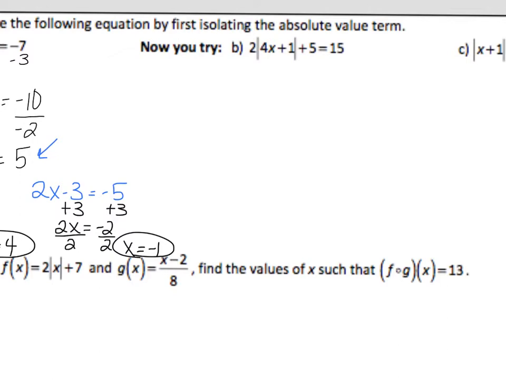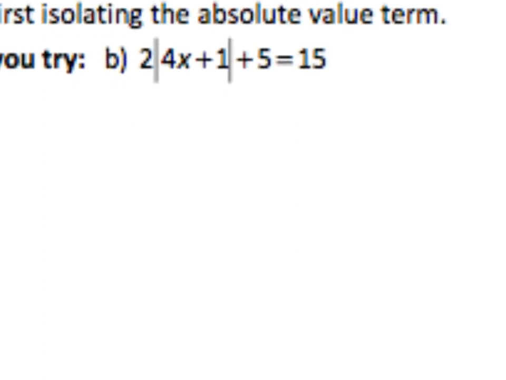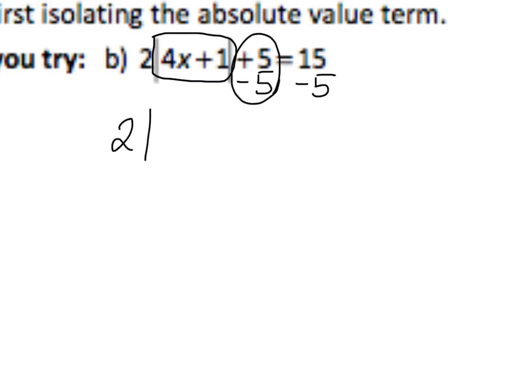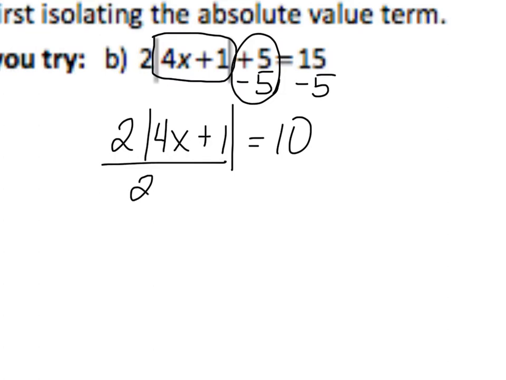Okay, so in B, hopefully you got a chance to try it. What we're going to do here, we want to isolate this group. So I'm going to subtract 5 first to make this 0. And then I'm going to divide everything by 2.